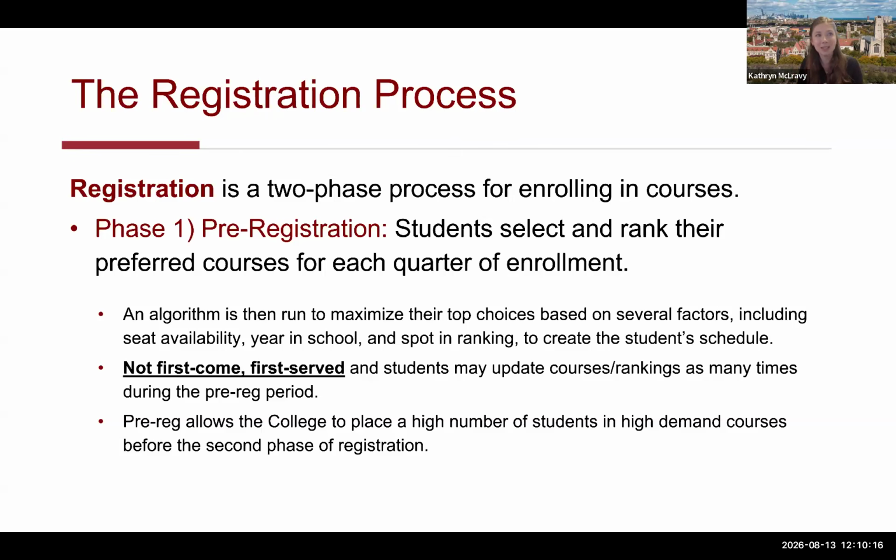While the system itself, in some cases, students may get into all 4 of their classes through pre-registration, great. Sometimes maybe it would be 3 or so. The system does allow the college to place a high number of students in high demand courses before the second phase of the registration process.